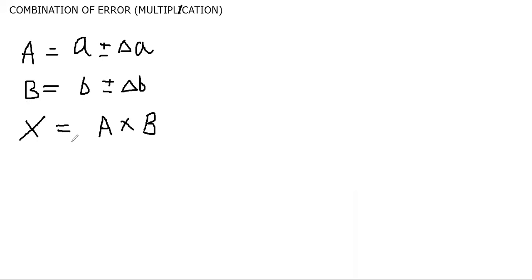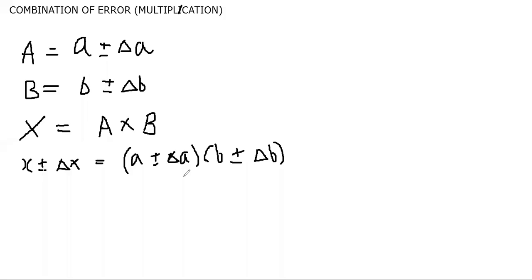To understand this, we have taken a quantity X, which is the multiplication of A and B. Now just put the values. We know the value of X would be X plus minus delta X. So I've put the value of X, A and B. Now we have to just multiply as per the operation.